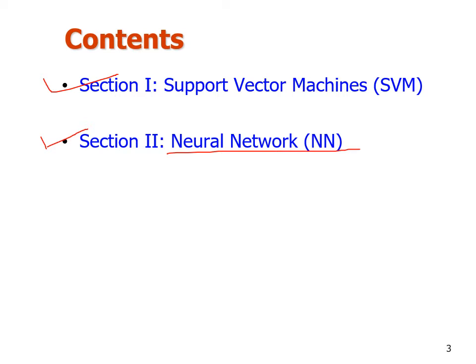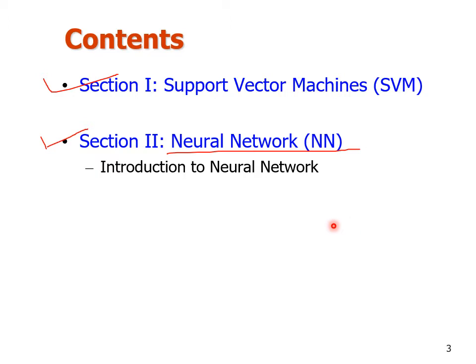So what we are going to learn in this section of this unit: we will begin with an introduction to neural networks, in which we are going to discuss the human brain in brief, and how the human brain, or the biological neurons, inspired the researchers to come up with the concept of artificial neural networks.